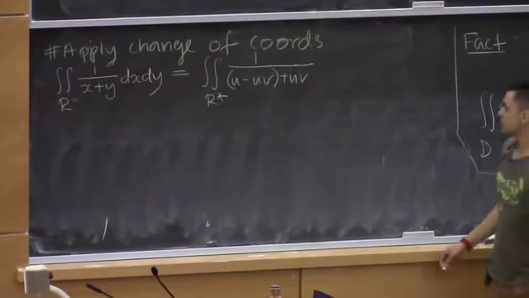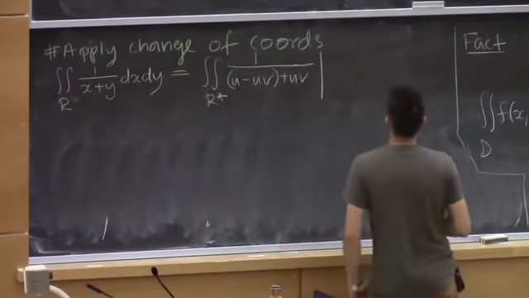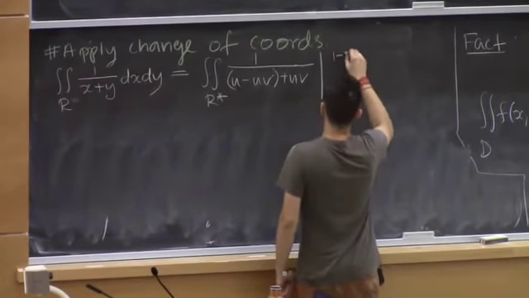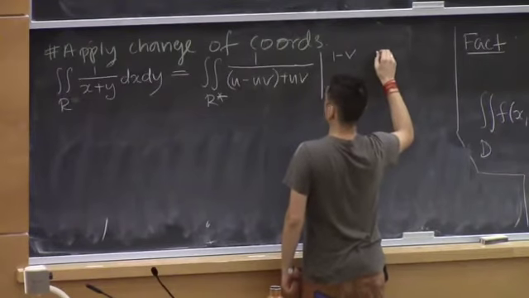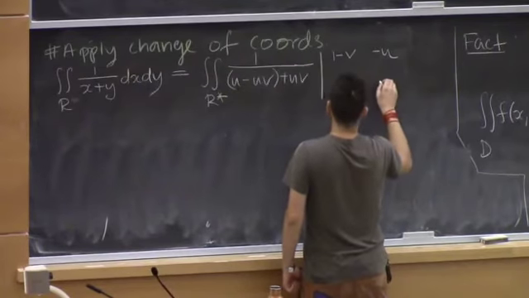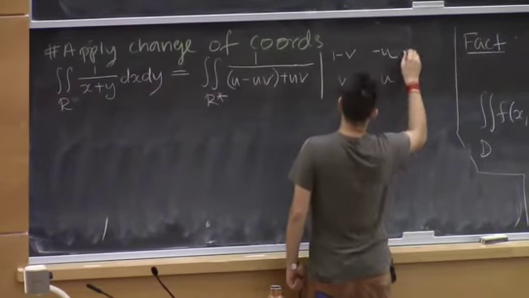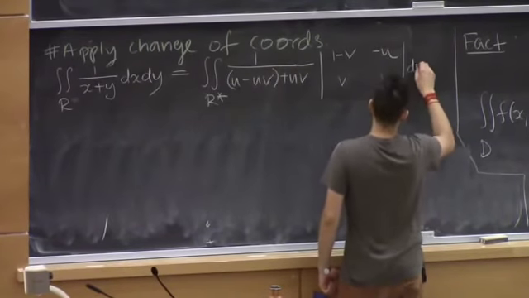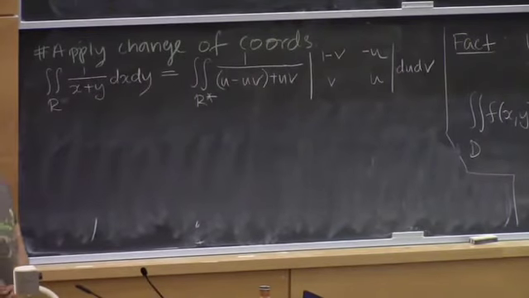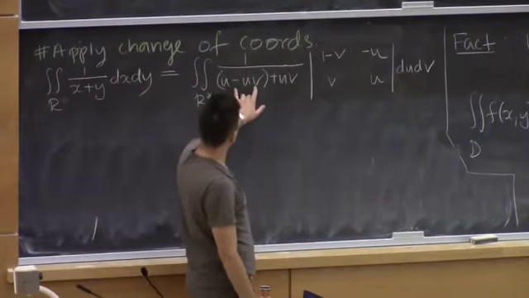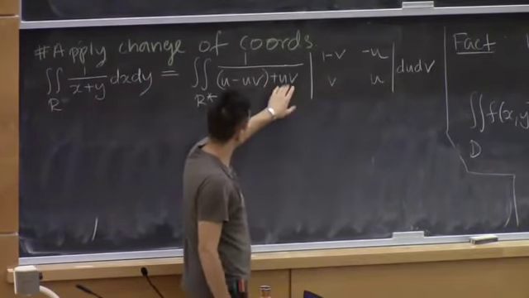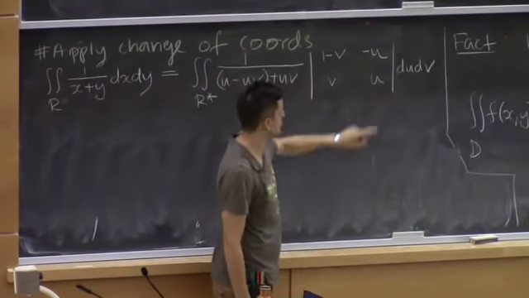Now we put the Jacobian matrix here. So the Jacobian for this guy is 1 minus v, negative u, v, u. Okay, so we take the derivatives of the first coordinate in u, first coordinate in v, second coordinate in u, second coordinate in v.